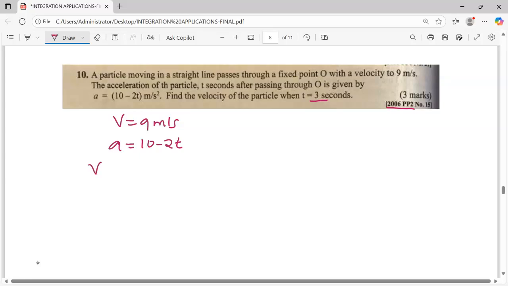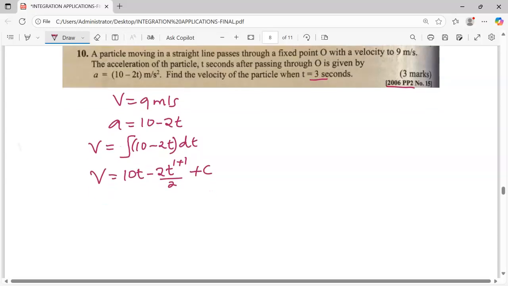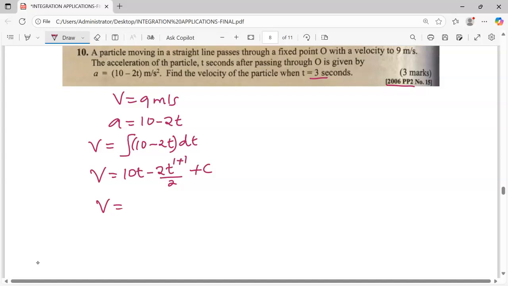To get the velocity at 3 seconds, we need the velocity function by integrating 10 minus 2t. In this case, velocity will be equal to 10t minus 2t, which is raised to power 1. We add 1, divide by the new power, then add c, a constant of integration, meaning v will be equal to 10t, 2 and 2 cancel, giving minus t squared plus c.